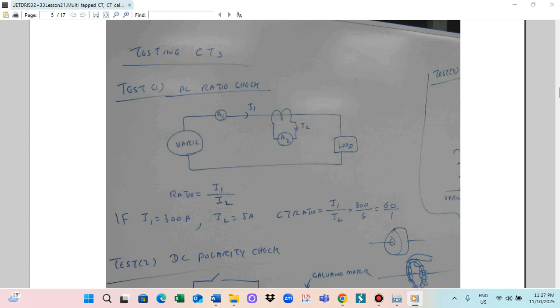We place the ammeter A1 in series with the primary, which measures I1, and the ammeter A2 in series with the secondary, which measures I2. So the CT ratio is equal to I1 by I2.